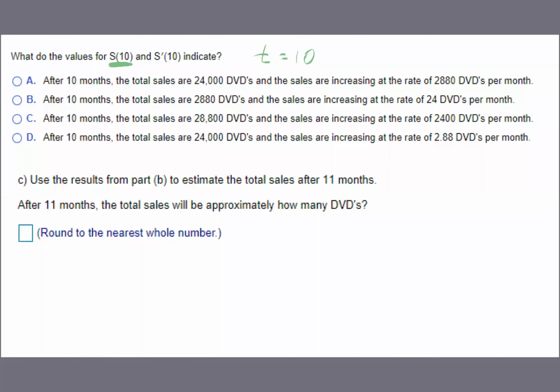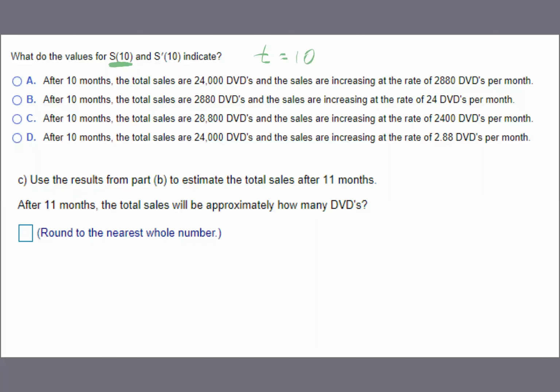Remember, S prime is the derivative, and that is the rate of change. It's the instantaneous rate of change, which in this context will estimate the change in the number of sales when we move on to the next month.